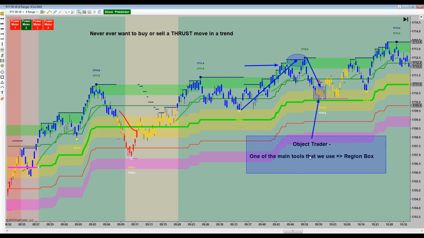It is a semi-automated trading system, semi-automated simply by the fact that all you have to do is draw a region box, engulf the candles, and when the market closes outside of it, there's different ways to do it. You can do bar close, you can do touch, close above, all manner of different ways to get in. You can learn how to use this tool. It's fantastic, but that's what we're showing you, where the trade is.